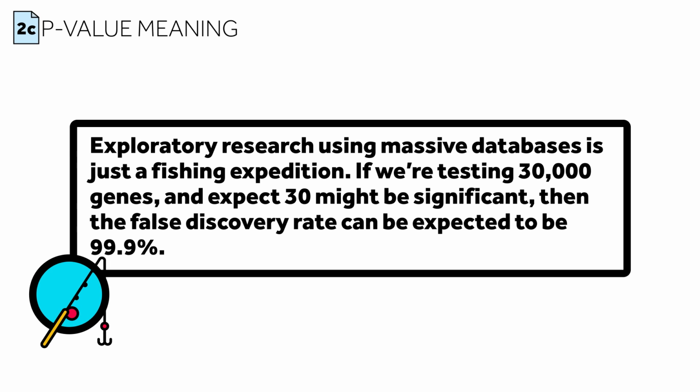Moreover, Ioannidis argues that exploratory research using massive databases is just a fishing expedition. If we're testing 30,000 genes and expect 30 might be significant, then the false discovery rate can be expected to be 99.9%. Sure, the p-value is 0.05, but that doesn't mean it's right.